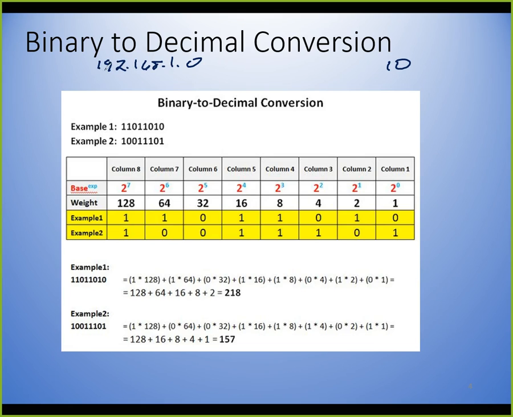So we see this. The computer sees something entirely different. It has ones and zeros in it. We're going to convert them. We have 8 bits in each of these bytes, so it's going to be a 32-bit address that the computer reads in binary, in the dotted quad.